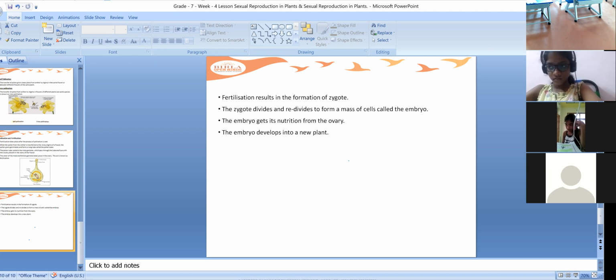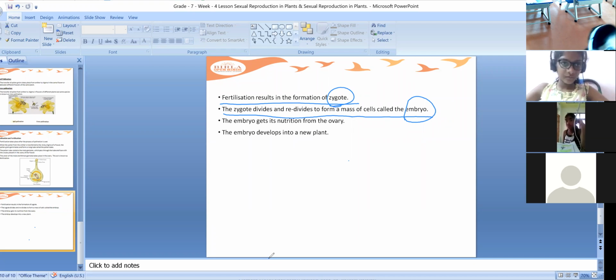It results in the formation of a zygote. The zygote divides and redivides to form a mass of cells, which is called an embryo. Underline it: embryo.